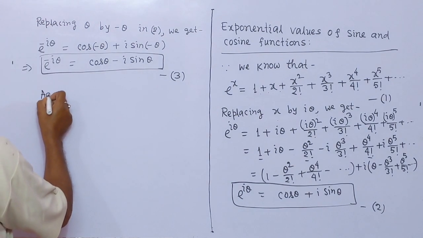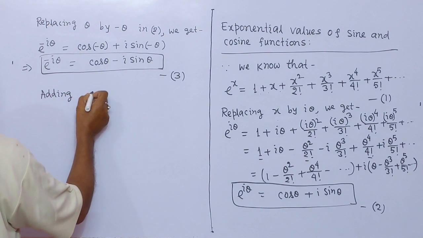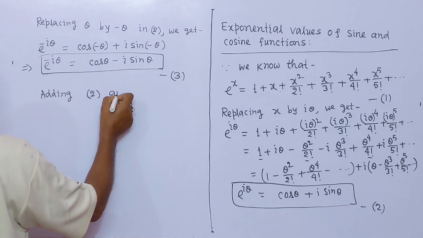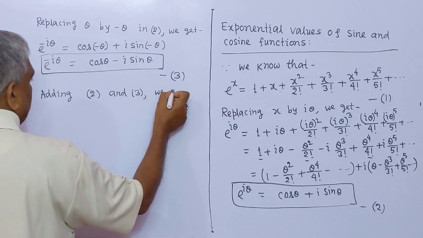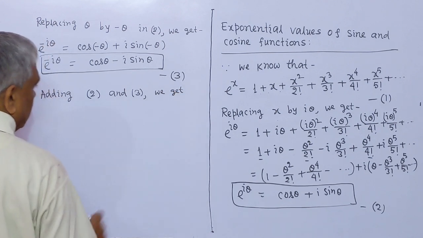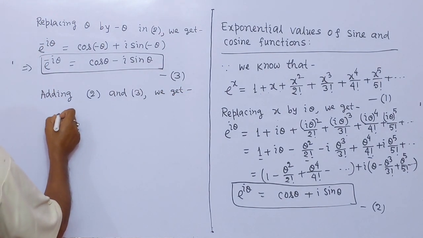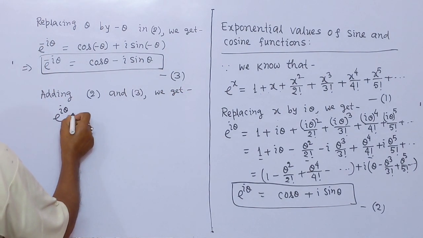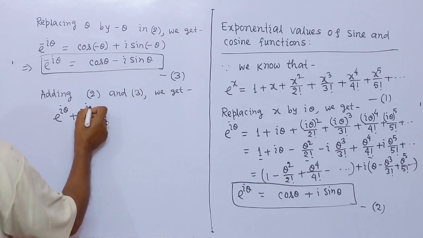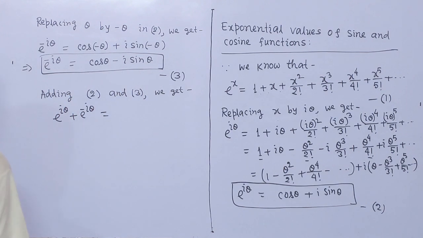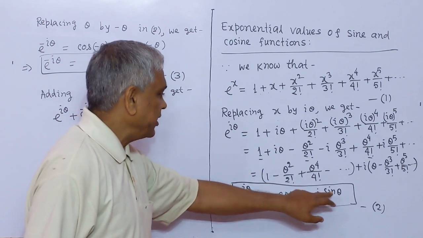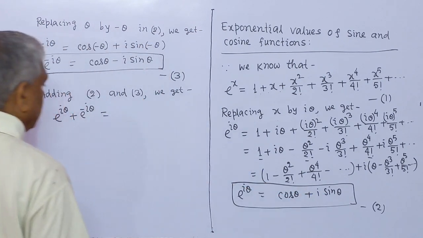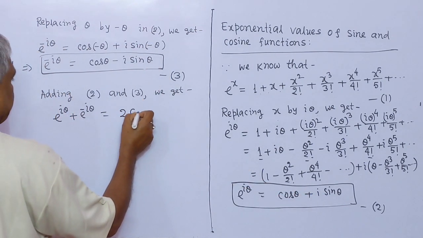Adding 2 and 3, we get e to the power I theta plus e to the power minus I theta equal to, here minus I sin theta, here plus I sin theta, cancel. So remains 2 cos theta.